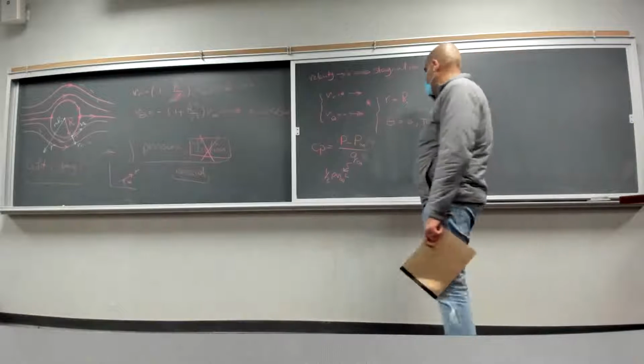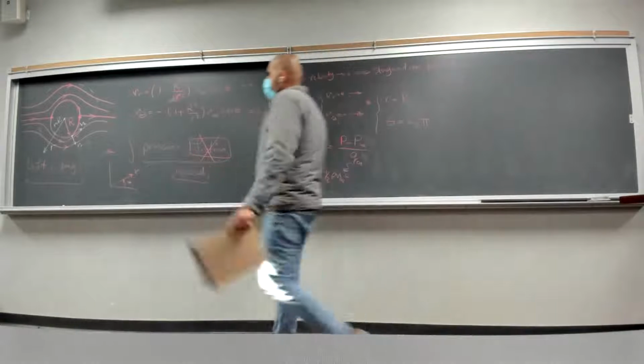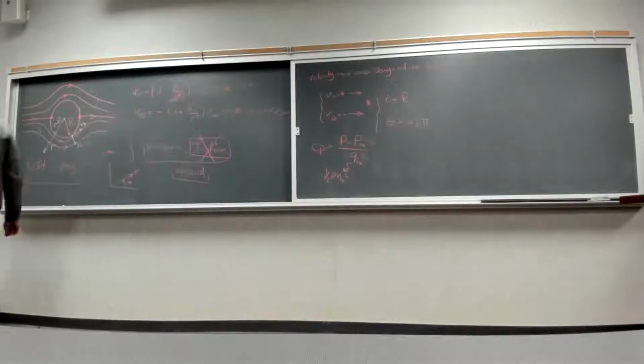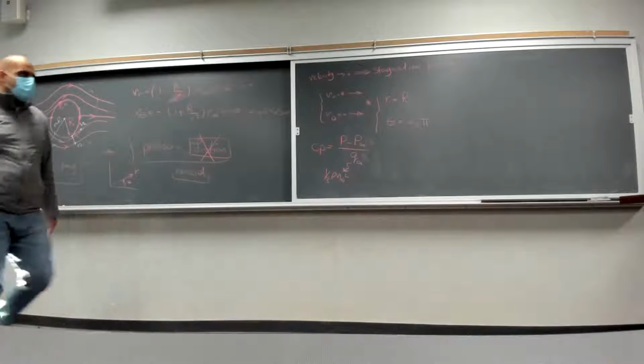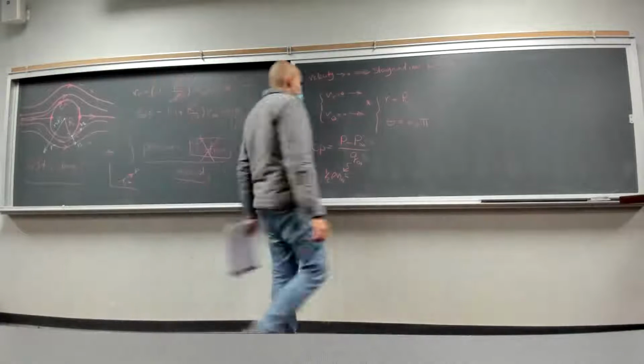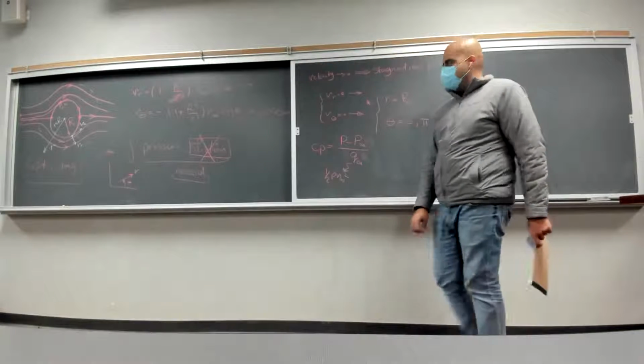Bernoulli's, okay? So let's say you want to write Bernoulli's for this point on the surface. So this point here, where we have infinity properties, P infinity, V infinity, and this point here, where we have P and V, a random pressure and a random velocity, consistent with the definition.